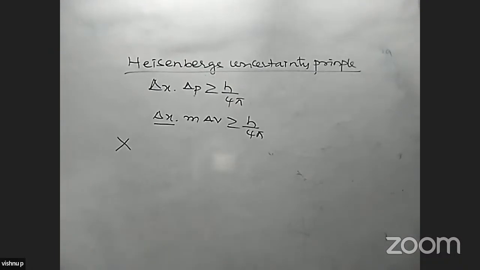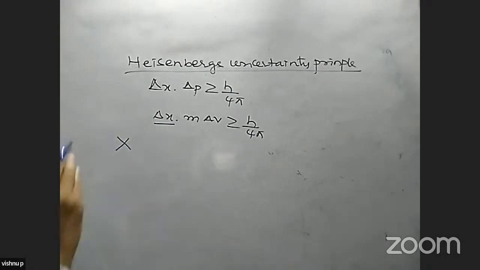So this Bohr theory is against Heisenberg's principle and also de Broglie's dual nature of matter. Bohr theory considered the electron a particle, but the modern concept considers that the electron shows both wave nature and also particle nature.